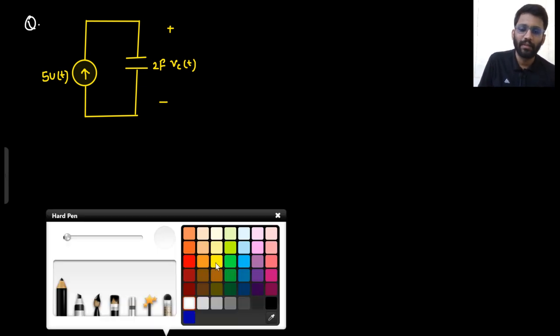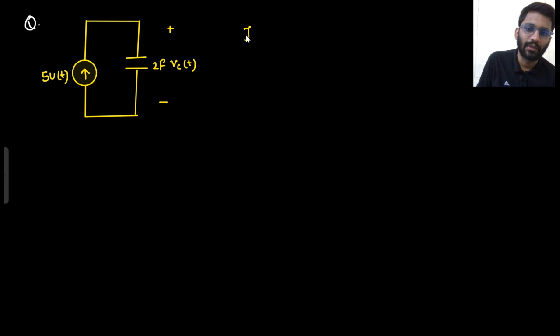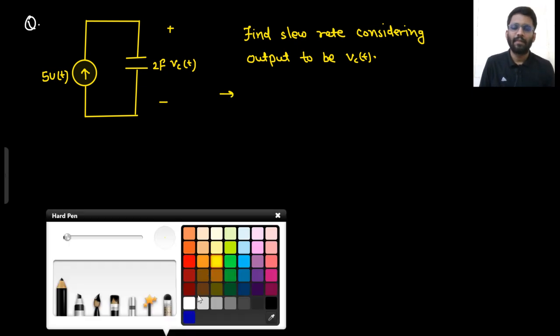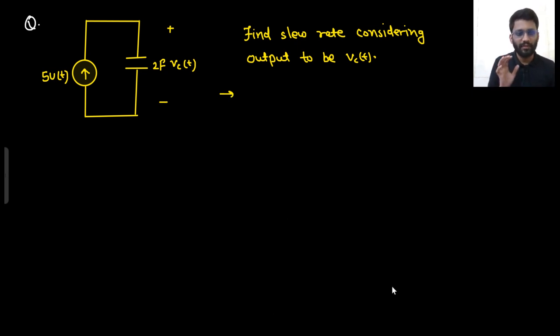Find slew rate. This is the question. Find slew rate, considering your output to be VCT. So one method is to just write the formula.